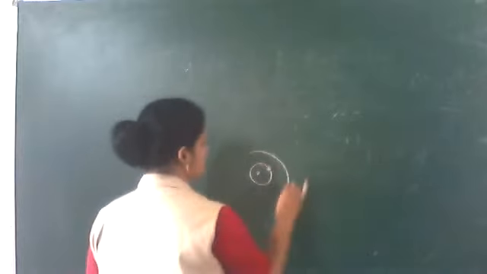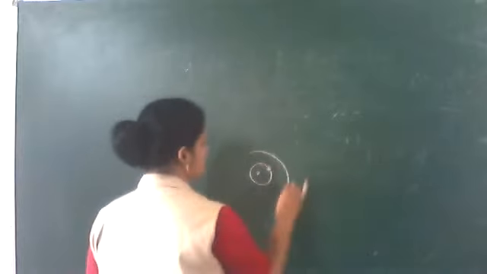How much amount of energy is required for that? That is called the ionization energy. So from here, this much delta E. What is the energy of the infinite orbit? Anybody? Energy is zero. Zero minus its energy.